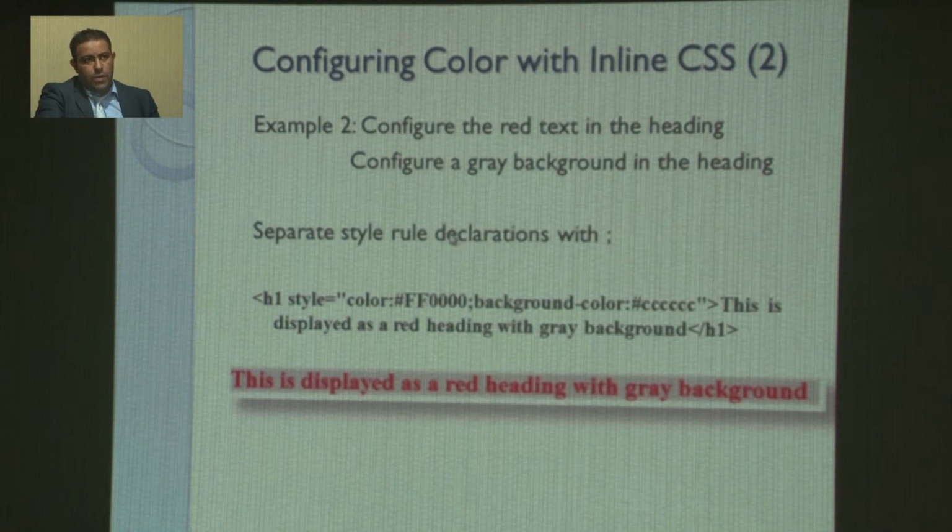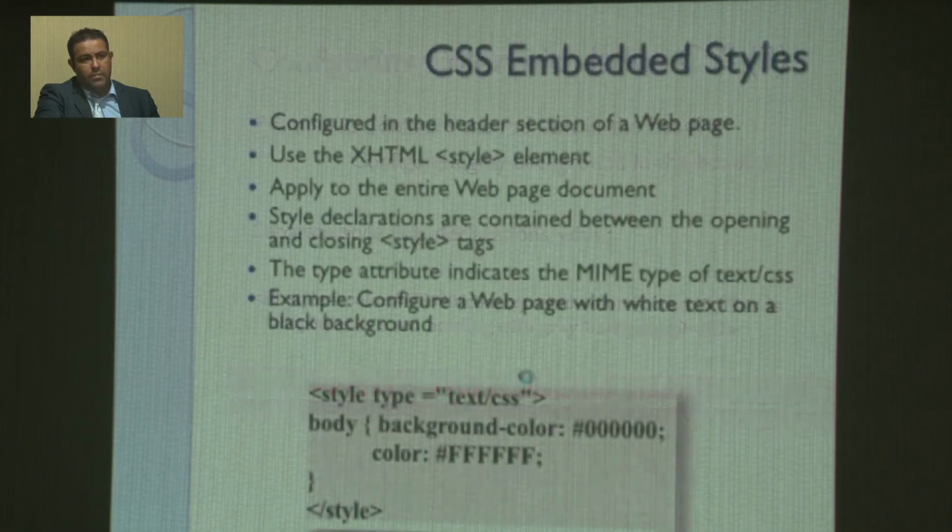Example number 2, configure red text in the heading and a gray background in the heading. We separate style rule declarations with a semicolon. With this example, we obtain the following result. This is displayed as a red heading with a gray background, and this code is inserted inside the h1 tag.